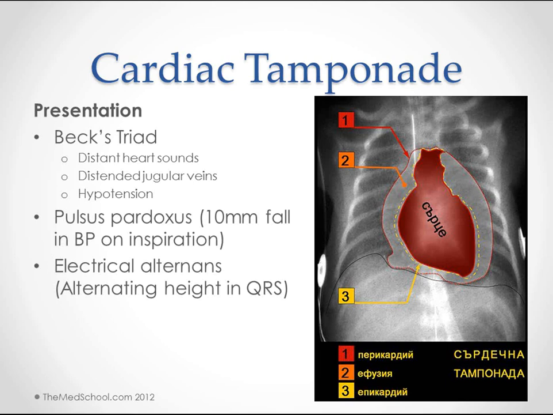They call it pulsus paradoxus, but it's not really paradoxical, in that a fall in blood pressure is what happens on normal inspiration. But the difference is that it's an increased change in blood pressure on inspiration, over 10 millimeters.